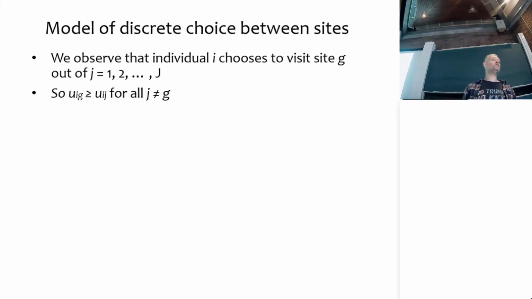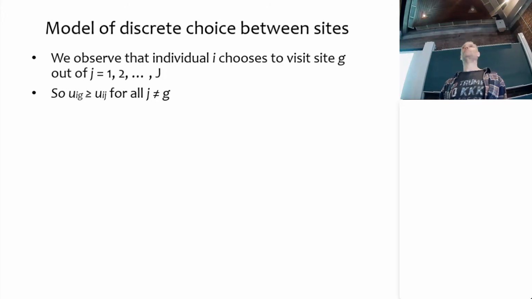So what you do is that you observe that individual i chooses to go to site g. That is what you observe, right? And we have a number of g's and we have a number of i's, right? We have a number of sites and we have a number of individuals.